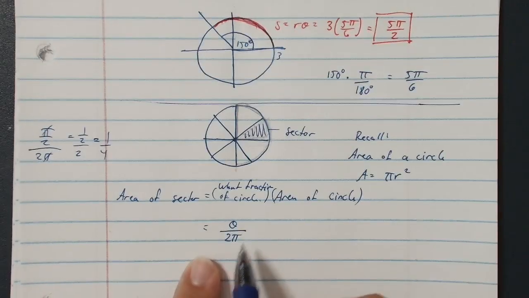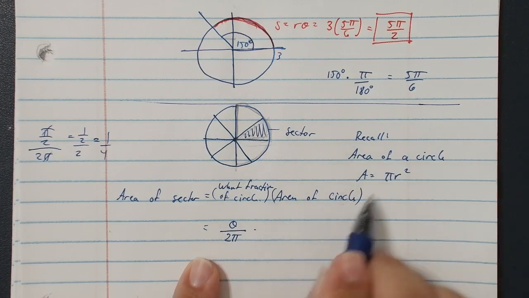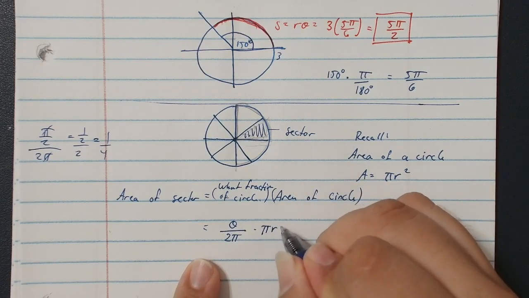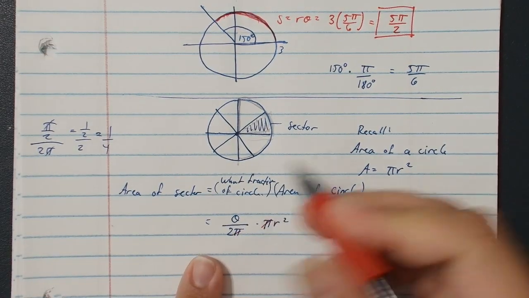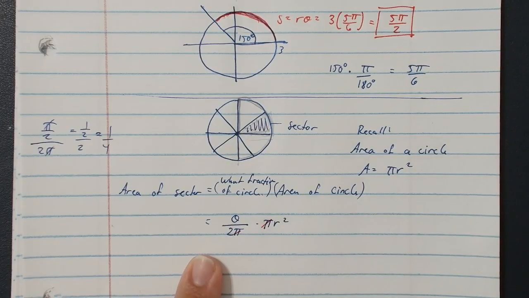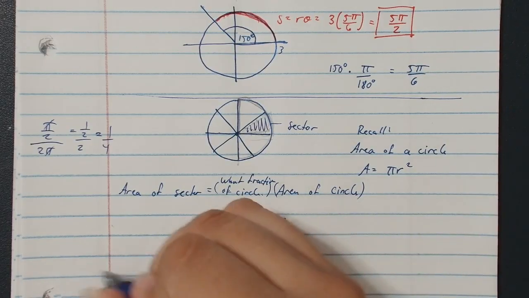So this right here gives you what fraction of the circle you're looking at, times the area of our circle, which is pi r squared. Here, the pi's cancel out, and we're left with a formula for the area of a sector.